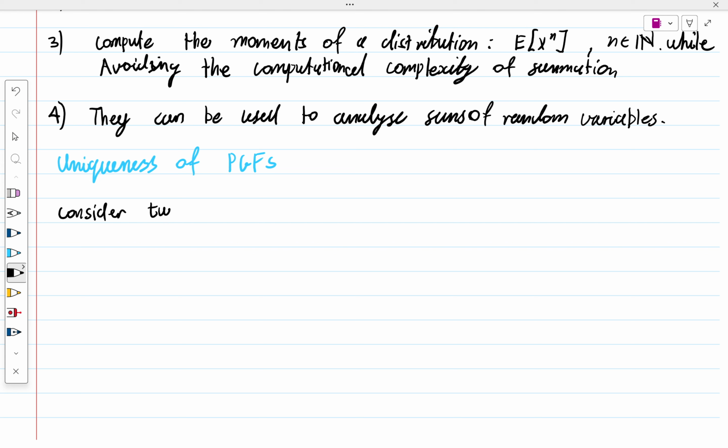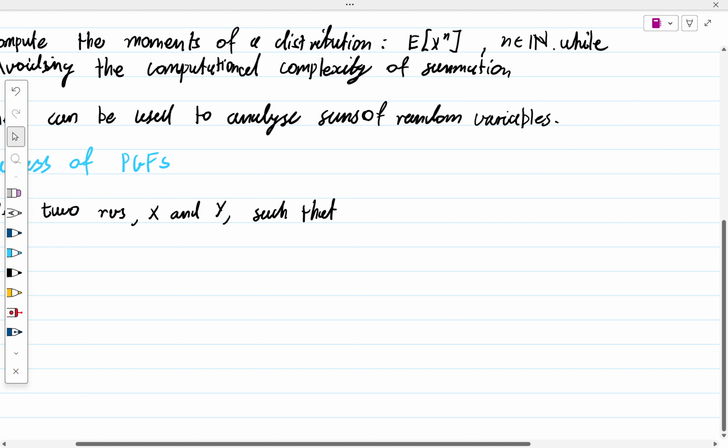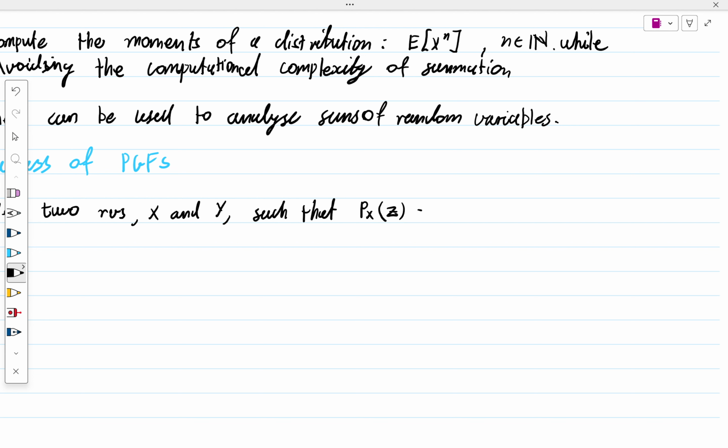Consider two random variables, we'll say X and Y, such that the probability generating functions P_X(z) and P_Y(z) are equal to one another for all, let's say it's defined for some z, absolute value of z less than or equal to c.